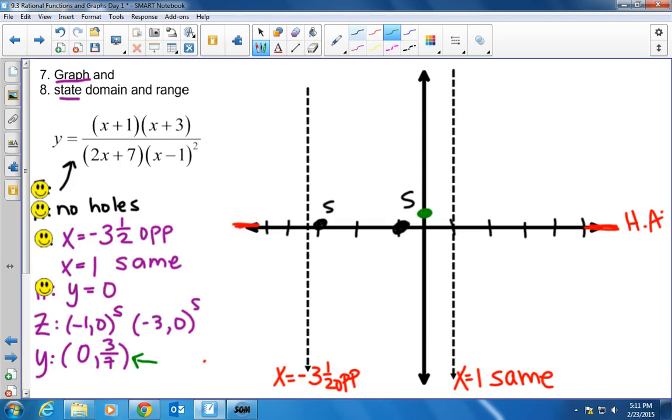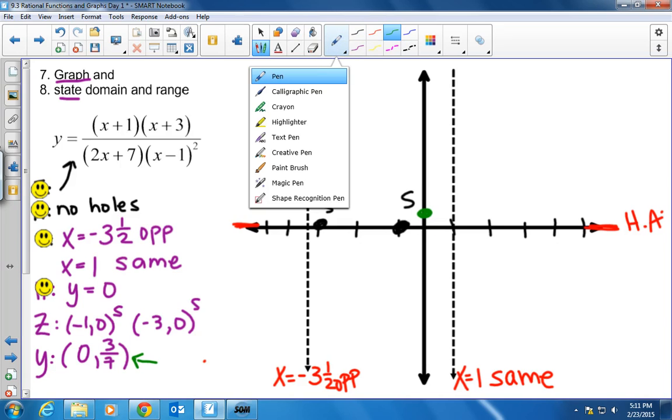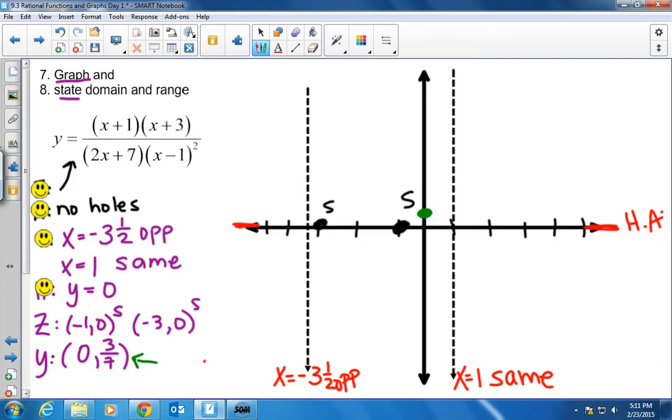Okay, so we are ready to graph. Always focus on where the y-intercept is. If you notice, our vertical asymptotes have broken up our graph into three sections.